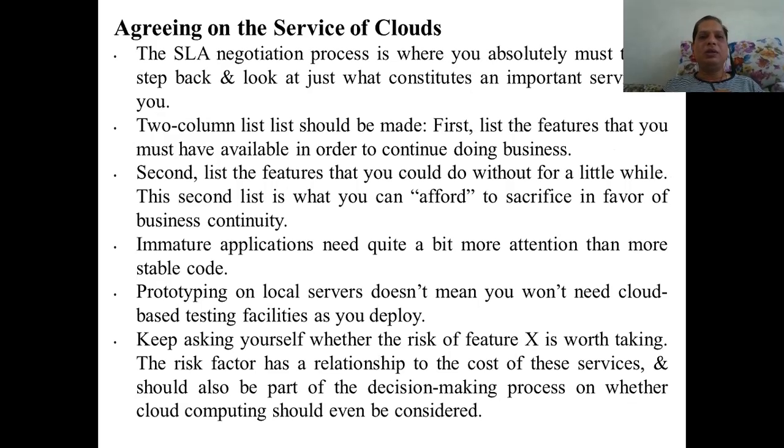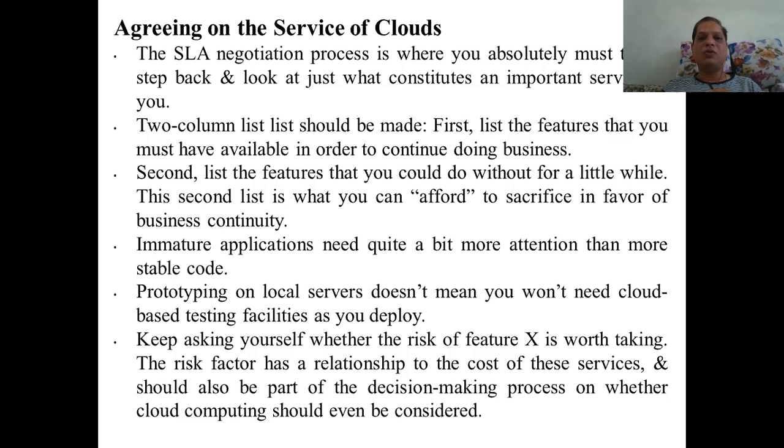So agreeing on the services of cloud, the SLA negotiation process is where you absolutely must step back and look at what is important. So what you can do is make a two-column list. The first column lists features that you must have available in order to continue your business. So features that must be available, and the second list, features that you could do without for a little while.